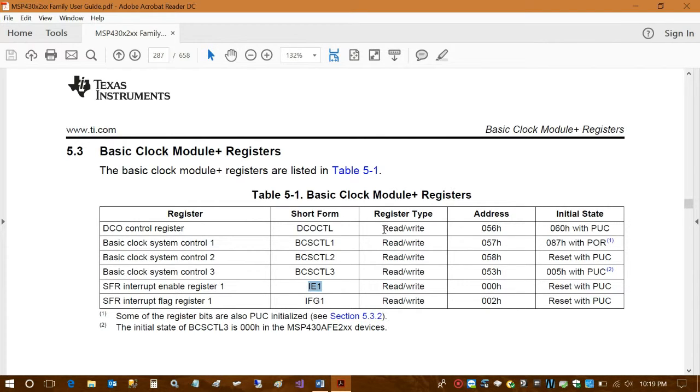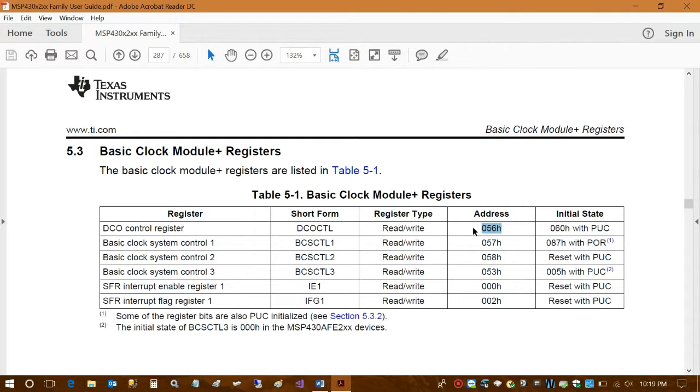Now one thing you must see, that all of these are read-write registers, which means that you can read from them as well as write onto them. The address is 0x56 for DCOCTL, 0x57 and 0x53, because if you remember the memory space, there's a part of the RAM which is mapped to the 8-bit peripherals, and another part which is mapped to the 16-bit peripherals.